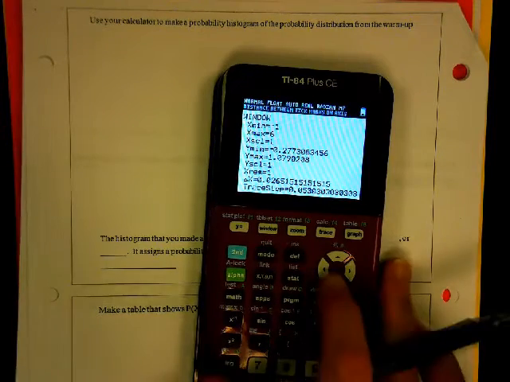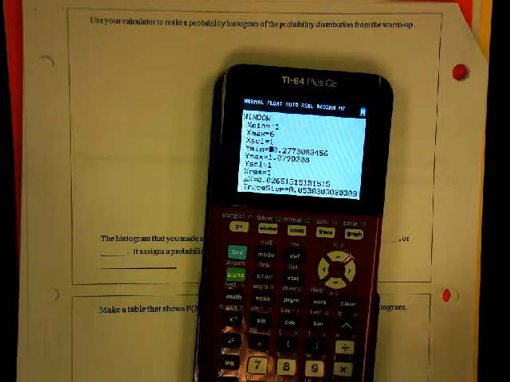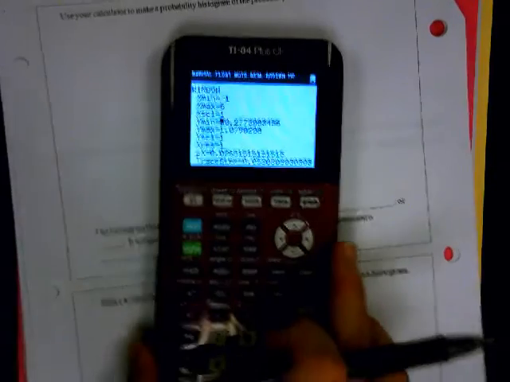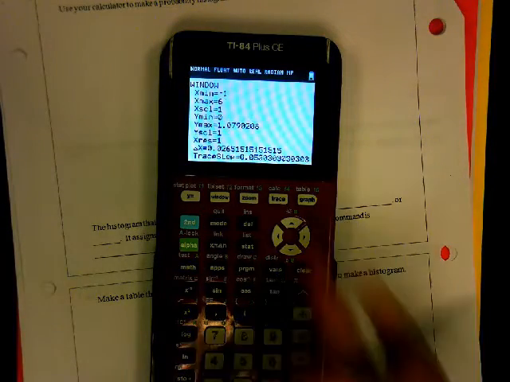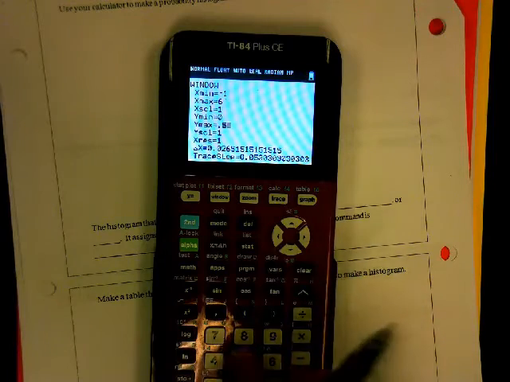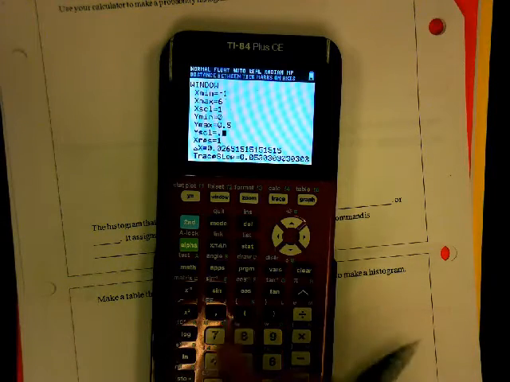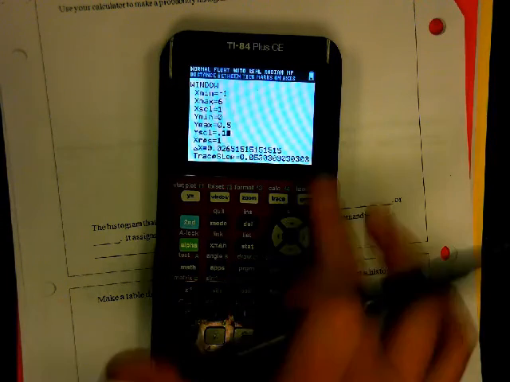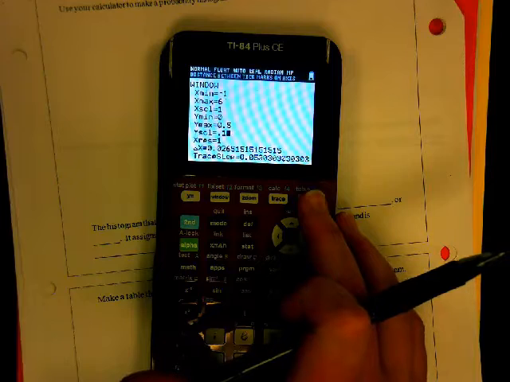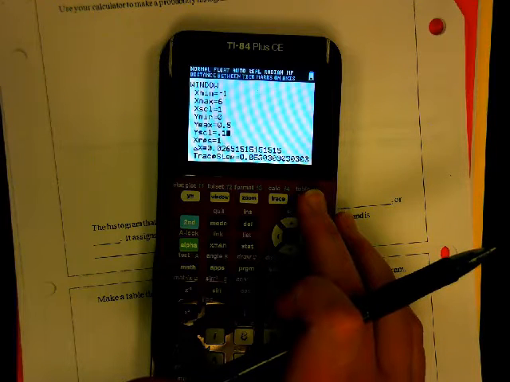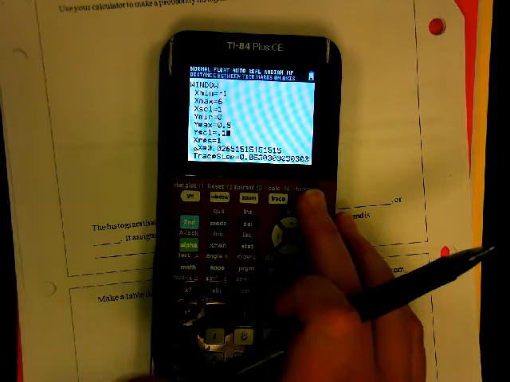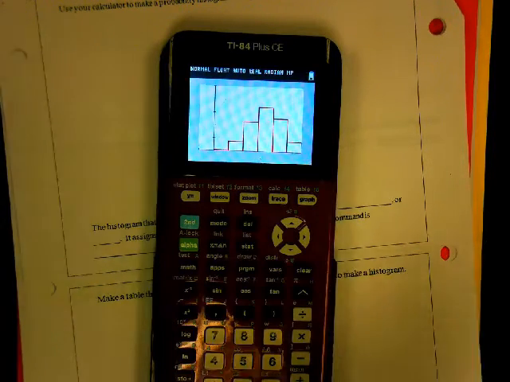The y is your probability, and I think our biggest probability was 0.3456. So let's make the minimum 0 and the maximum 0.5, and we'll go by 0.1s. You can pause the video if you need to see the window. And there's our histogram.